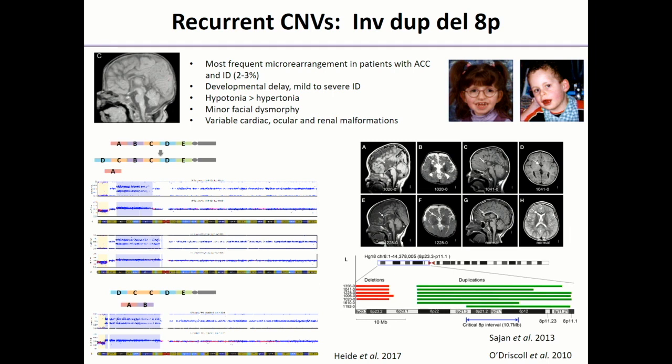It's almost always associated with developmental delay and intellectual disability that ranges from mild to severe, and other features including hypotonia, or hypertonia in older patients, facial dysmorphia, you can see it here, and also variable cardiac, ocular, and renal malformations. And actually, it depends on the size of the deletion and the duplication, and the malformation of the corpus callosum, as can be shown in the paper from Elliott Chair and Bill.